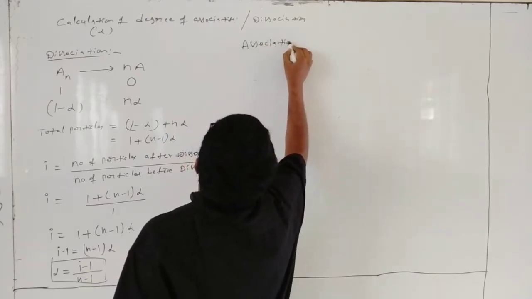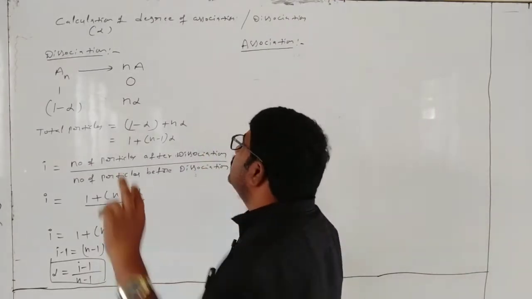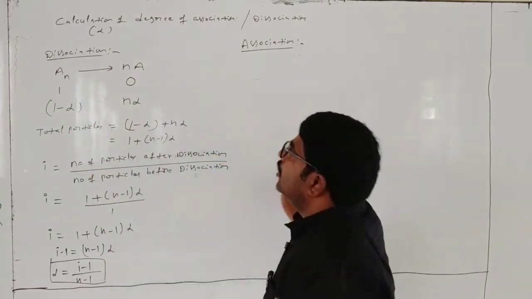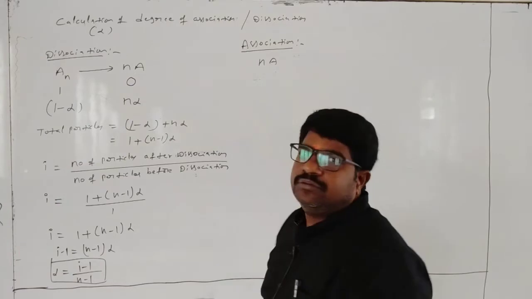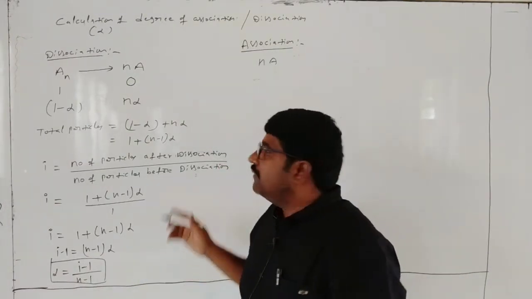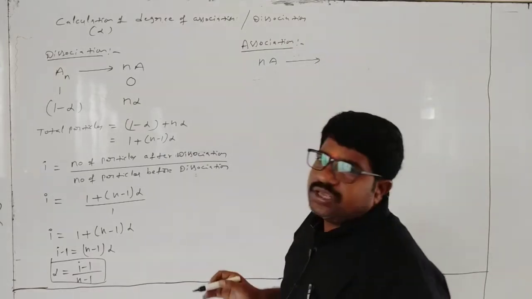Association, how to calculate? Association means this equation is reversed. n molecules of A undergo association.